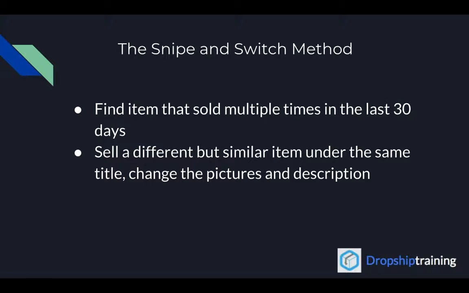But even before that, because we're on the snipe and switch method, we are not selling the same exact item. All we are doing is sniping the title of an item. And I'll give you an example in a second so you have a clear understanding of what the snipe and switch method is. But essentially what we are doing is finding an item that sold multiple times in the last 30 days.